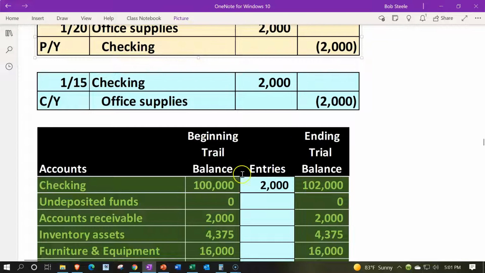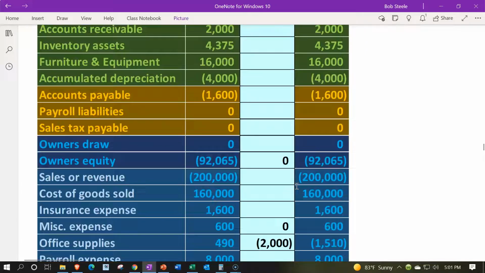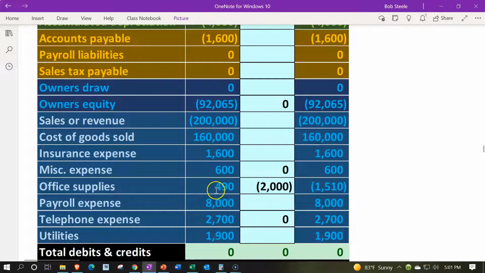So if we have the checking account, then the checking account's going to go back up for that check that was voided, that was written in the prior year, from 100,000 up to the 102,000 in the current period. And then the expense account was at 490 in the current period, and now it's going down by 1,000, which is weird. And now we're resulting in a negative expense account. That shouldn't normally happen.